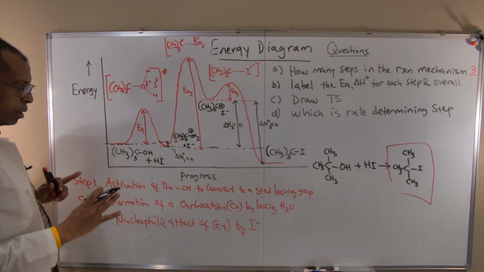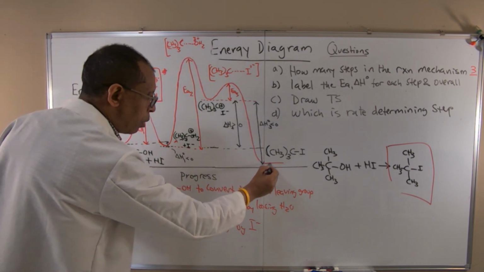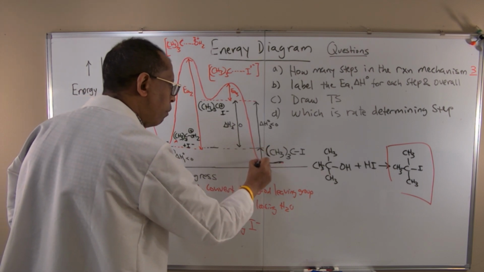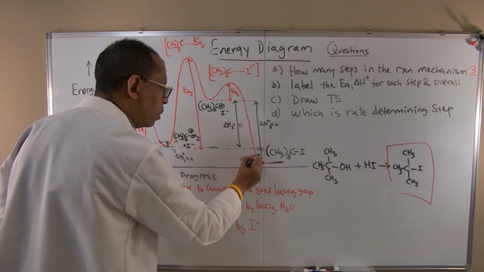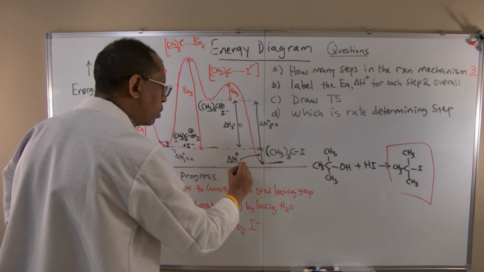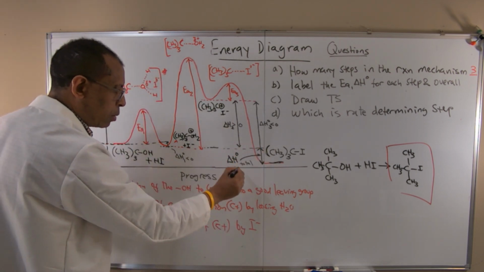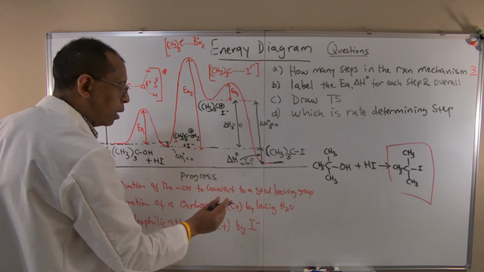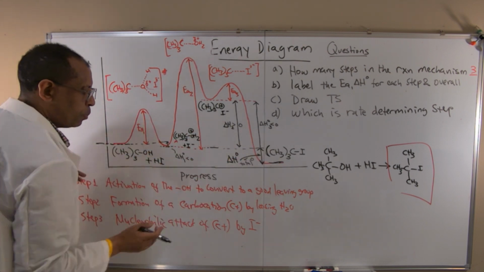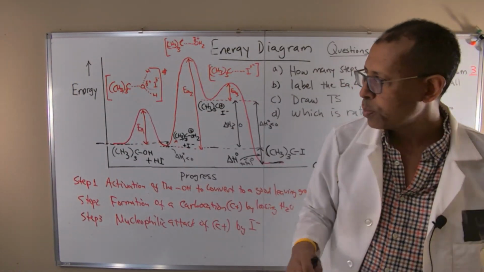But the net one is where your reaction started here, and your product happens here. So the net overall delta H is this. So delta H, not of the reaction, net or total, is this, that much. It is exothermic, obviously it's less than 0. That's why the reaction proceeds. So starting material was here, product is down here. So delta H for the overall reaction is exothermic.